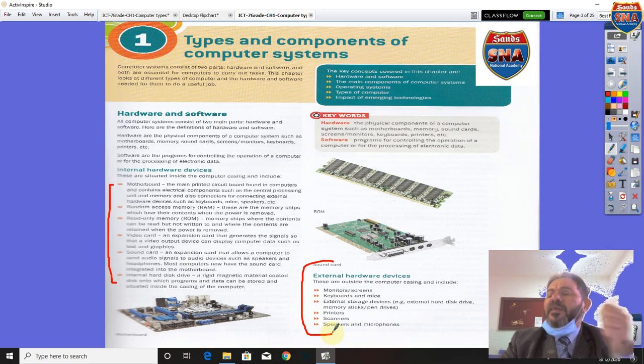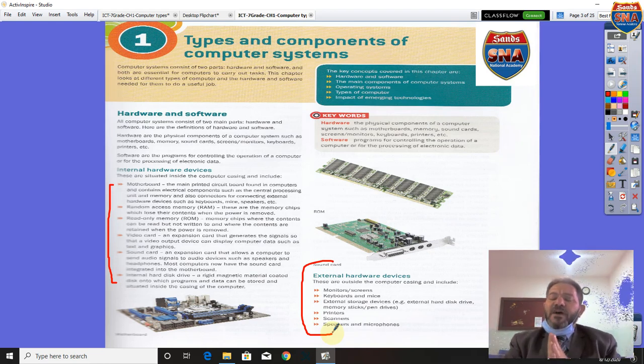What do we mean by internal? The internal hardware devices are all the parts inside the computer case, related directly to the motherboard. So all the internal hardware devices are inside the computer case, connected directly to the motherboard.